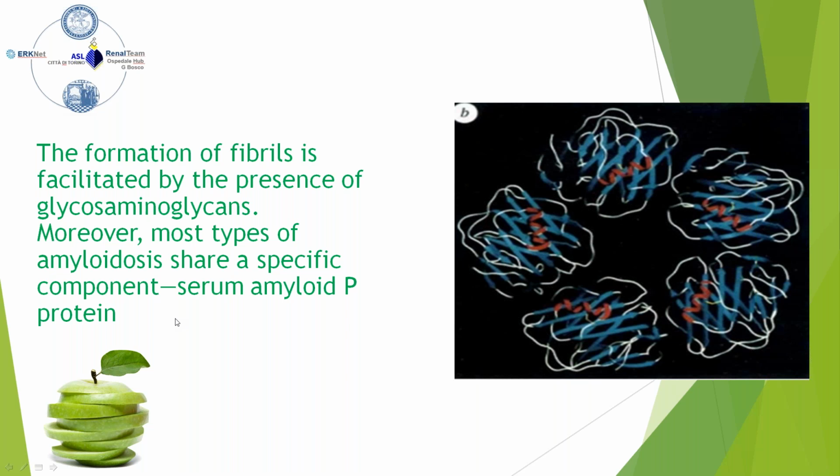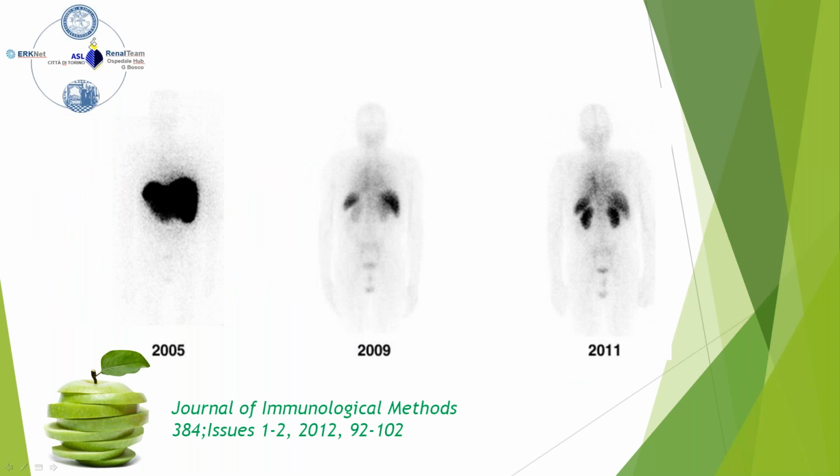Moreover, in every amyloid deposit is present a serum protein called serum amyloid P protein, or SAP. This is a protein of the class of pentraxins that co-deposits with all amyloid fibrils. The presence of SAP in every amyloid deposit has been used to produce a scintigraphic marker.